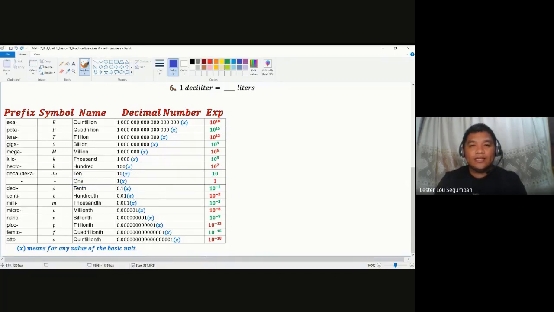These equivalents are based on 1 unit of a given measurement. Let's say in the measurement of length, we use meter. So we are talking about 1 meter. The basis is the unit without any prefix. If we talk about capacity or volume, we talk about liters or 1 liter.